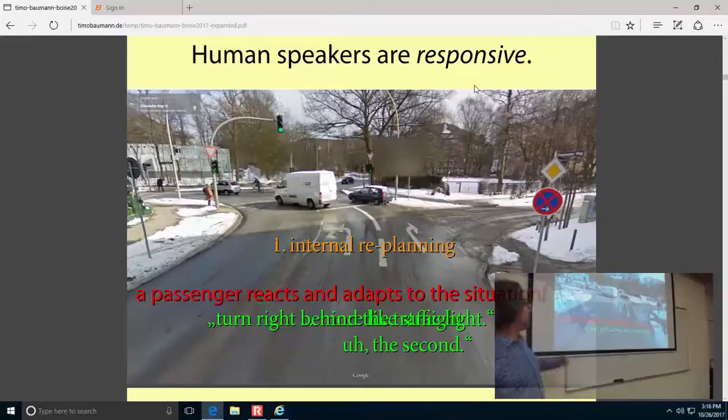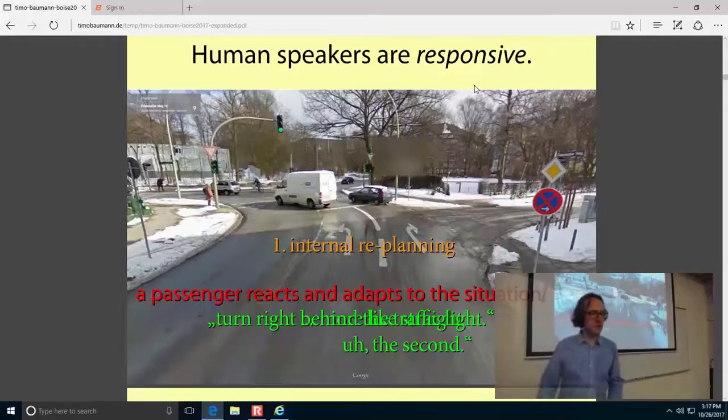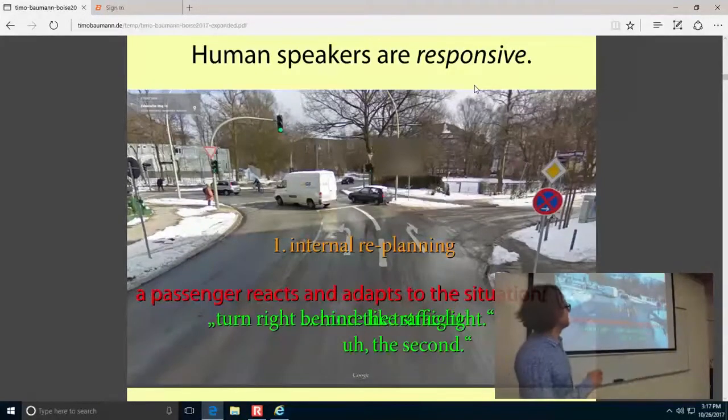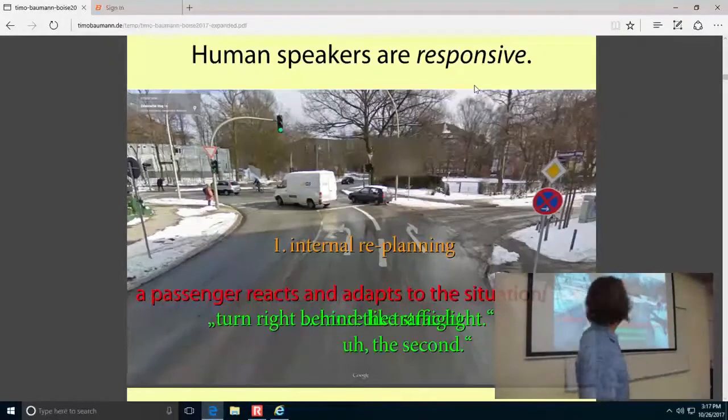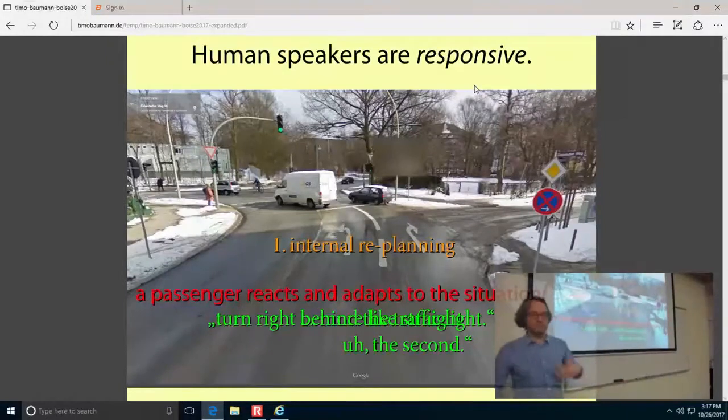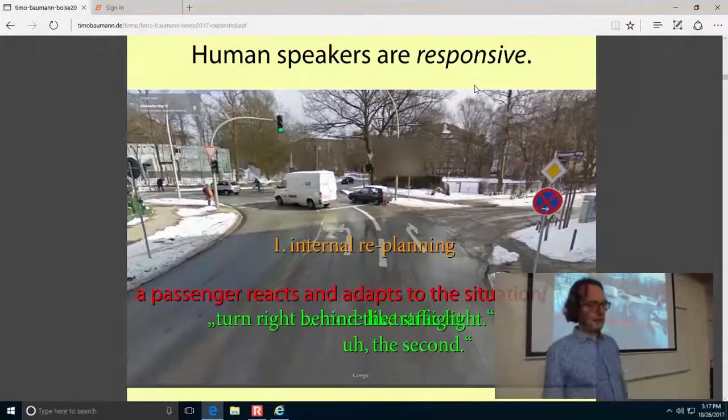So I might just go from turn right behind the traffic light to something like turn right, well, more like straight, because I never knew that this counted as turning right here. Or saying something like the second. So internal replanning might be a reason for responding to the situation.